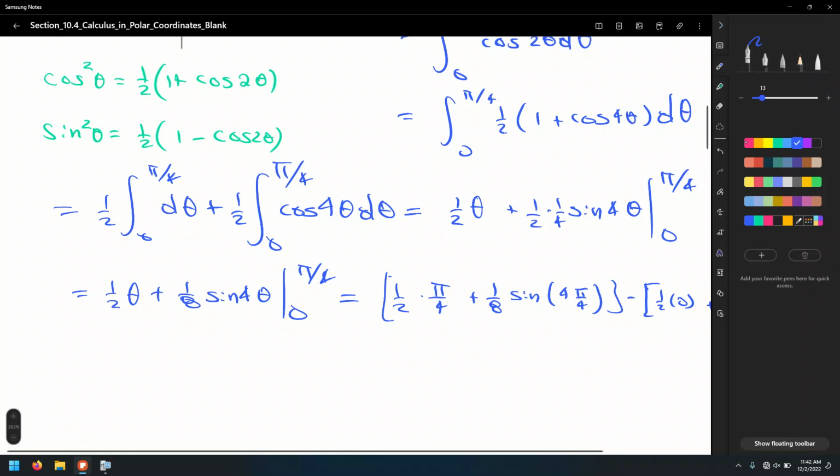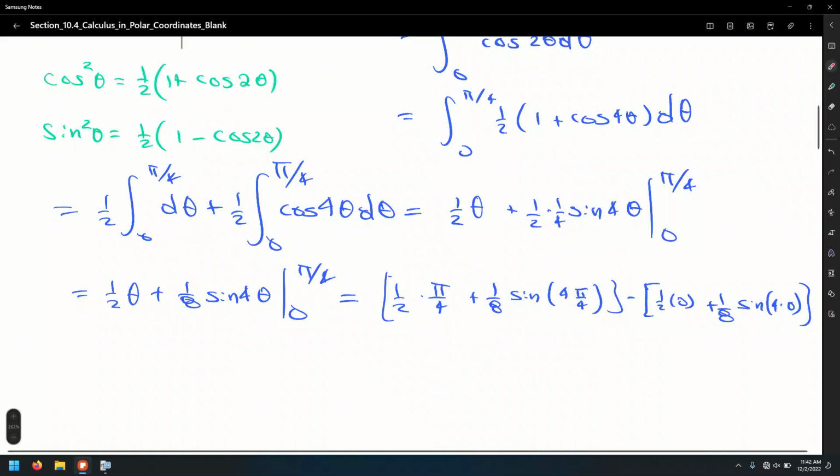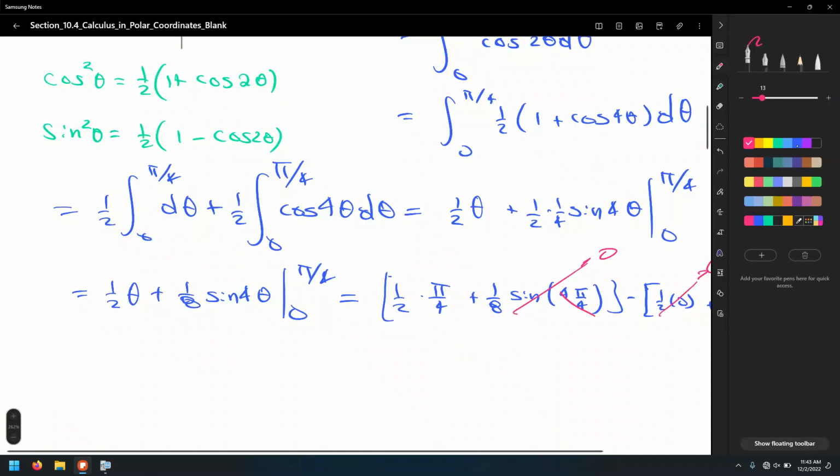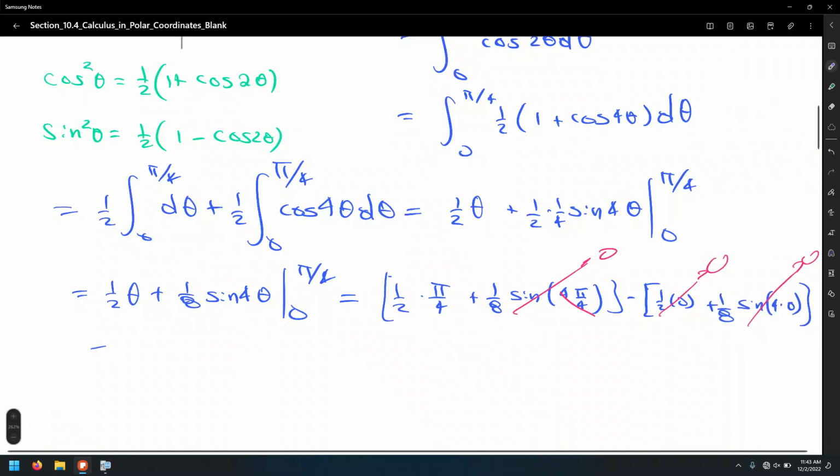Okay, a lot is going to get simplified really nicely because sine of 4 times 0 is the same as saying sine 0, which is 0. 1/2 times 0 is 0. Here the 4's cancel, and we're left with sine pi, which is 0. Final answer then? Pi over 8.